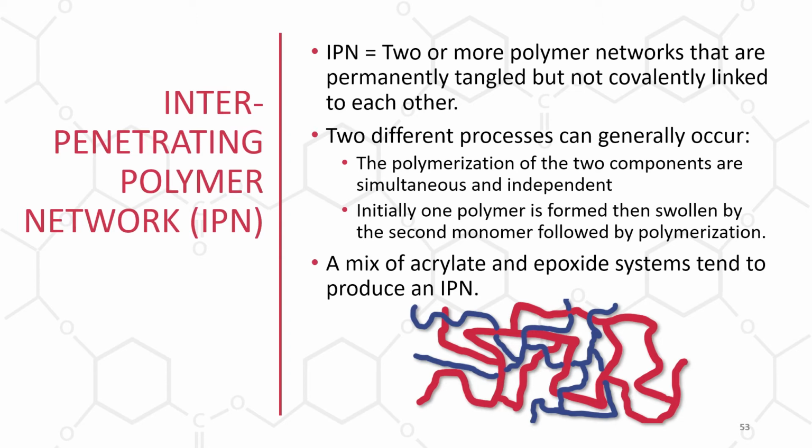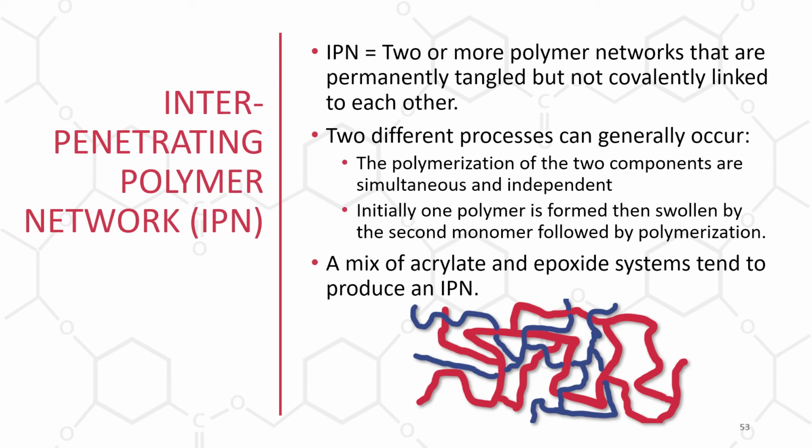The improved properties usually come about from achieving an interpenetrating polymer network, or IPN. And an IPN is two or more polymer networks that are permanently tangled but not covalently linked to each other. So you can visualize a ball of twine with two different types of twine, and we actually see that there at the bottom, a simple cartoon, red and blue. Polymer chains like this are very tangled up with each other.